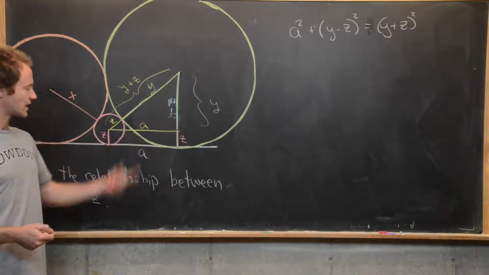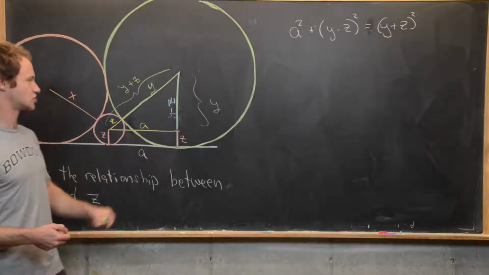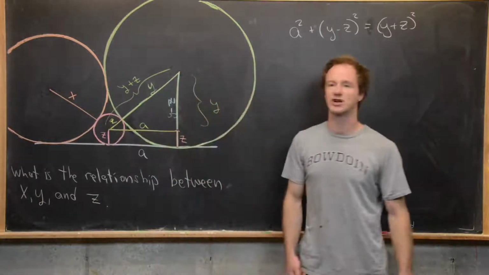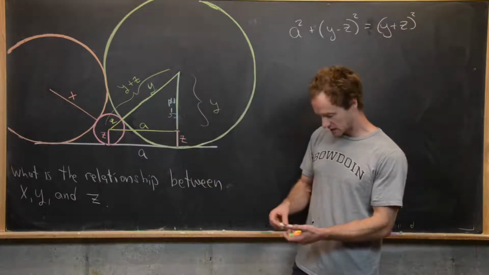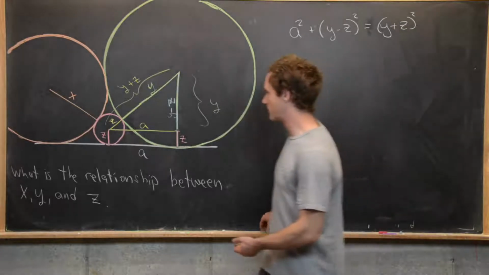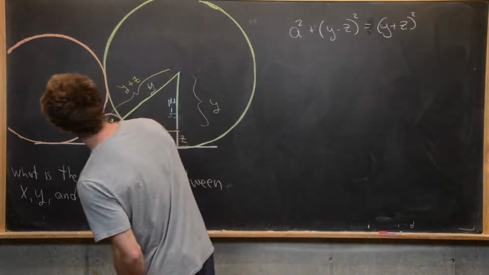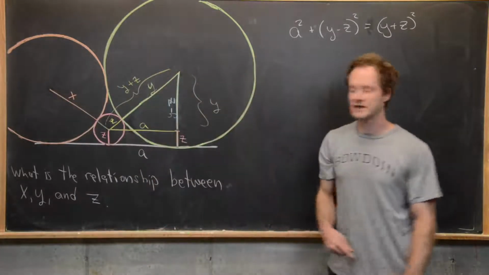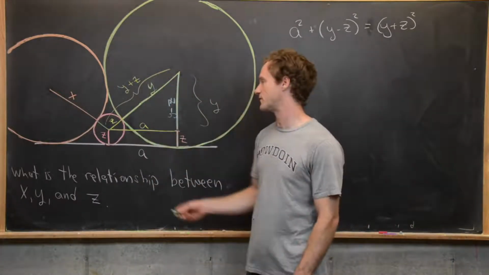Good. Now we're going to create a very similar triangle, but having to do with the pink circle and the peach colored circle. I'll do the same thing that I did before. I'll extend this radius coming out from the peach circle to the center of the pink circle.